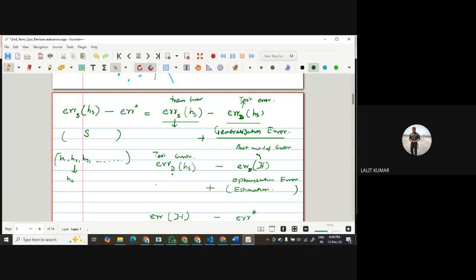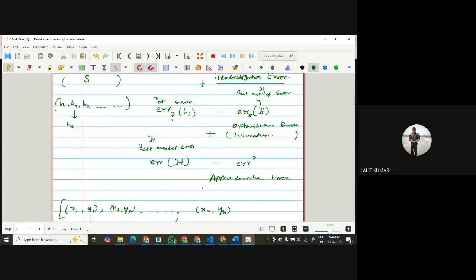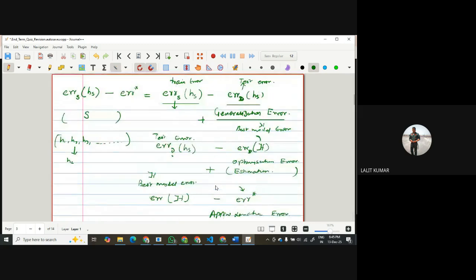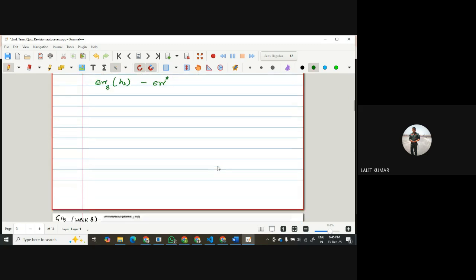And the third is the best model from H minus the best model, the Bayesian model, which we could have found if we knew the distribution. So the first is known as generalization error, the second is the estimation error or optimization error, and the third is known as approximation error. Now we will see all these errors one by one. How do we handle that?